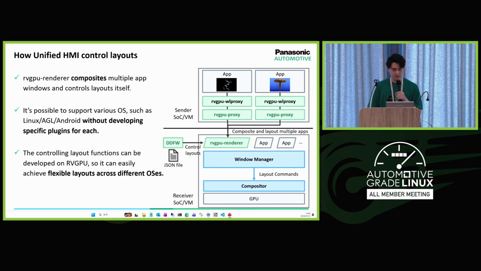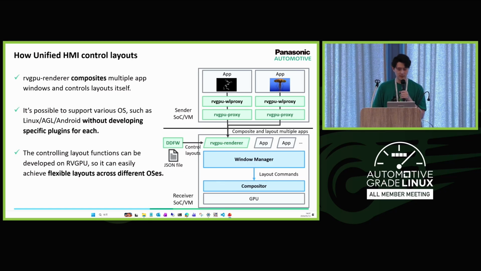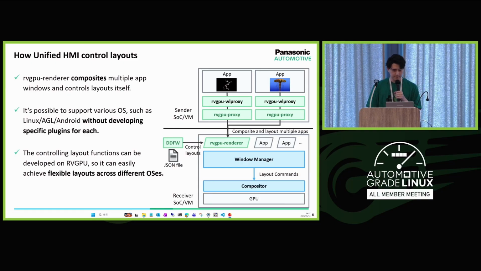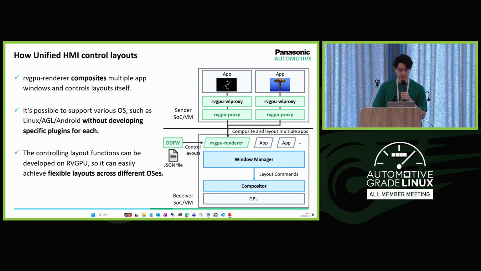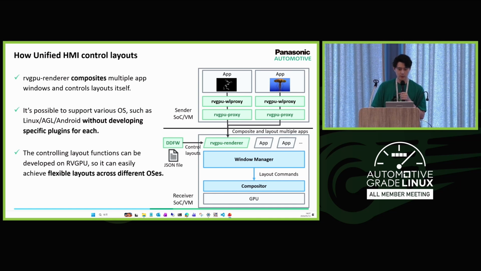This slide shows how Unified HMI could control layouts of multiple applications. In Unified HMI, the RVGPU renderer on the receiver side is responsible not only for rendering, but also for compositing multiple application windows and controlling their layouts transmitted by the RVGPU proxy. RVGPU renders all applications into a single surface, so the window manager only needs to attach this surface.